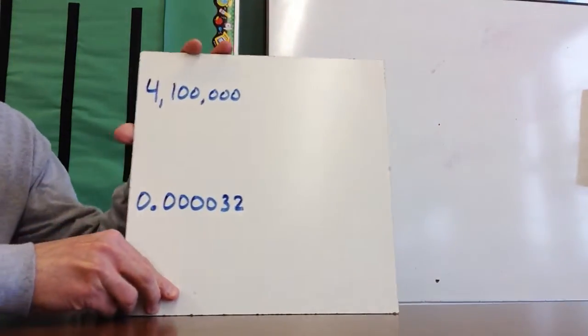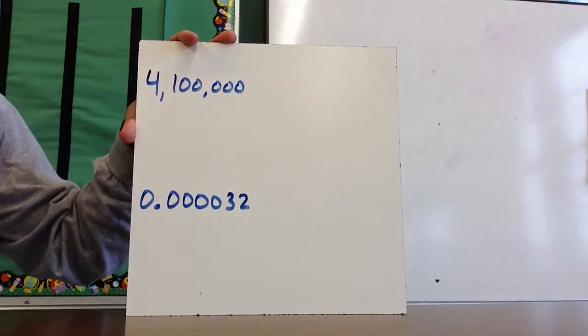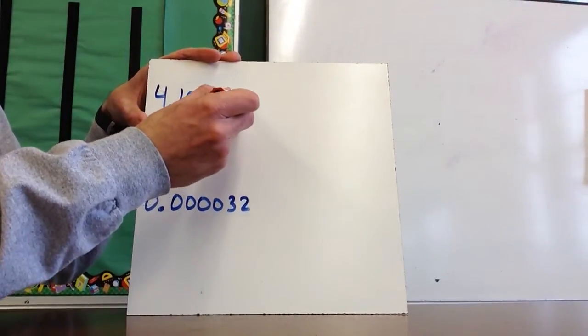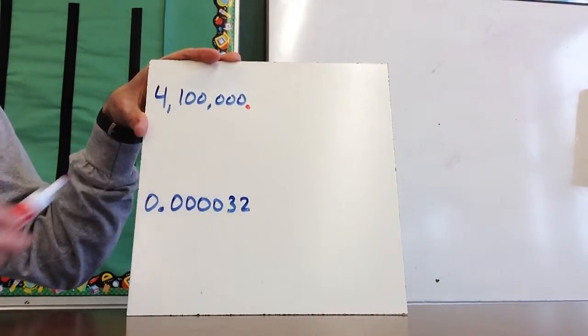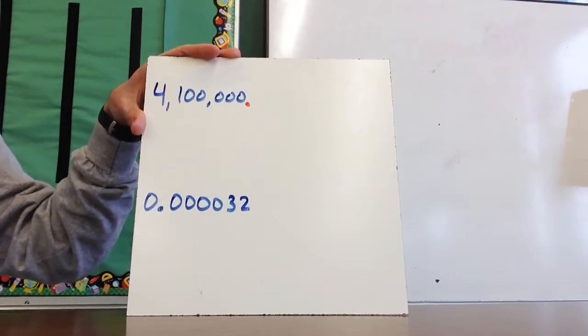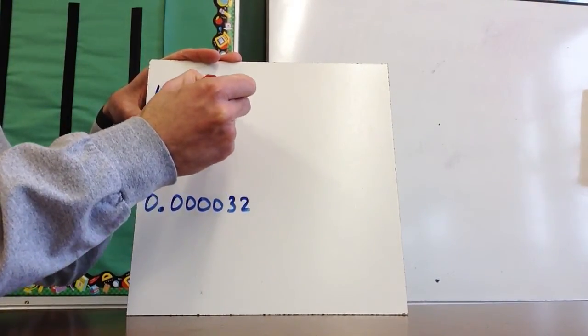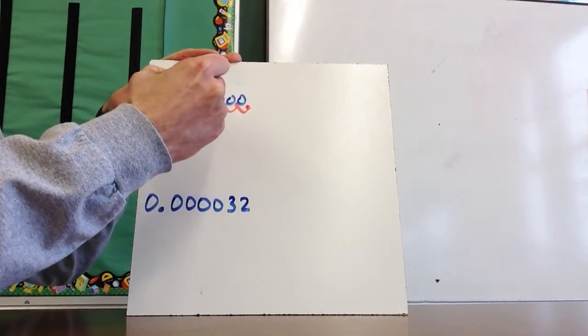Now the question is, what happens when you're going the other way? So let's take these two numbers and put them into scientific notation. Since my decimal point is here, and since this is a large number, I know this is going to be times 10 to the positive something. So as I move the decimal, it's going to be 1, 2, 3, 4, 5, 6.